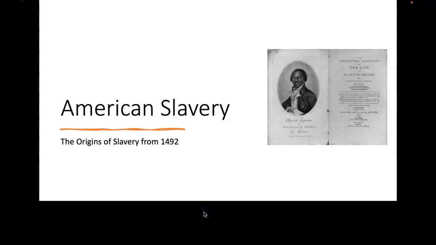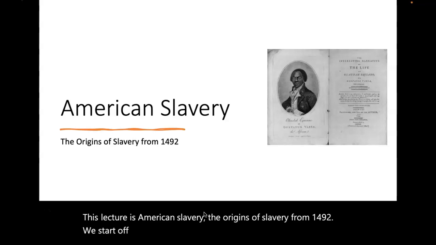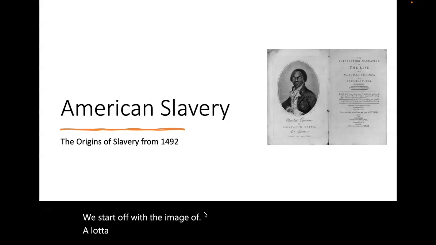This lecture is American Slavery, the Origins of Slavery from 1492. We start off with the image of Olaudah Equiano's autobiography, The Interesting Narrative of the Life of Olaudah Equiano.